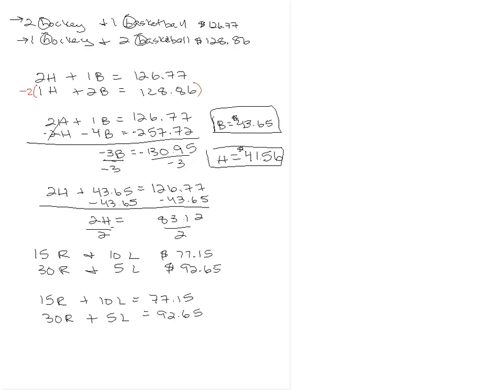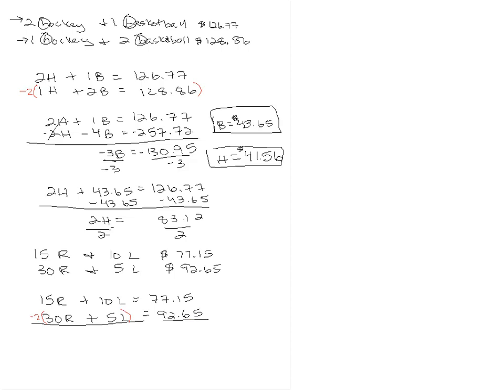Now, if we wanted one of these to cancel out, how about the 10 and the 5? Let's do that. Let's multiply by -2. That'll give us -10. Okay? All right.